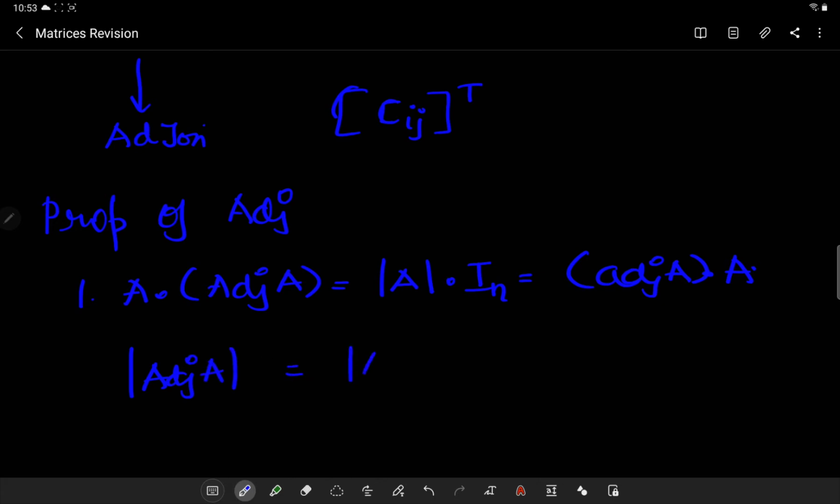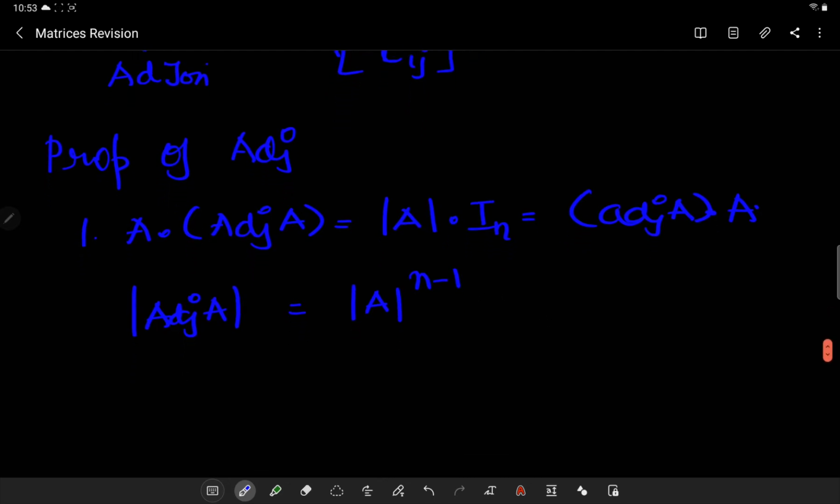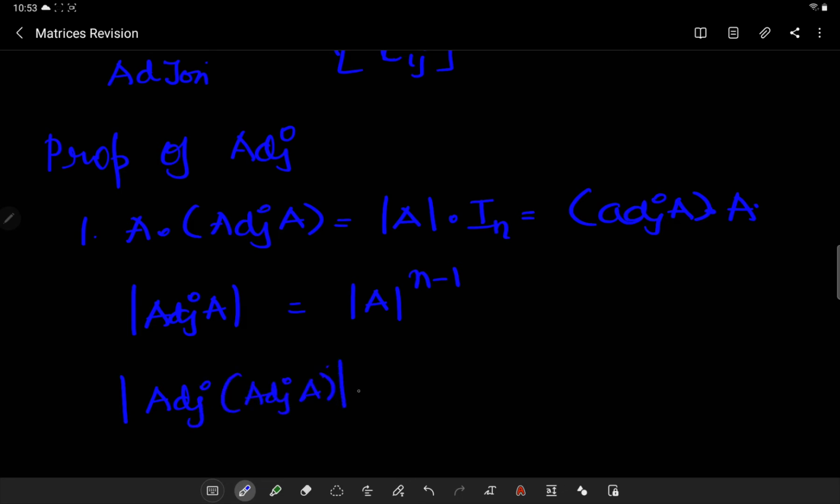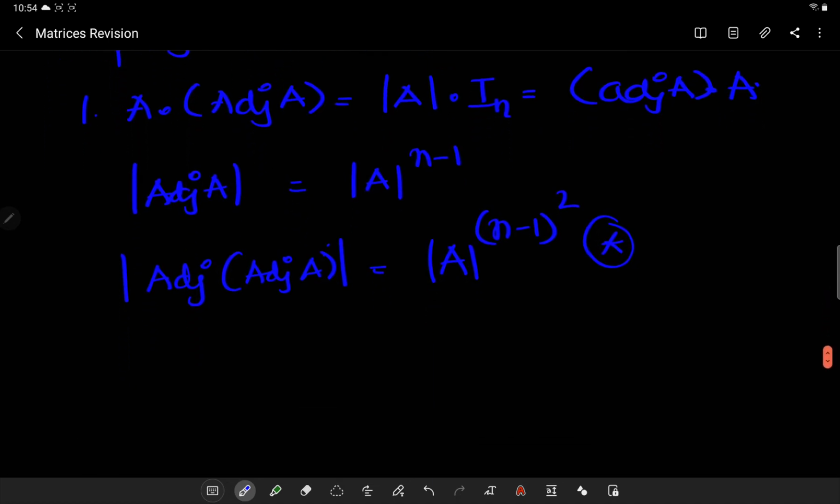It will be simply the determinant of A power n minus 1, where n is the order of the matrix. Sometimes they are asking what is the determinant of adjoint of adjoint A. So this is simply the determinant of A power n minus 1 whole square. So try to remember these formulas. You can get a direct question on the application.